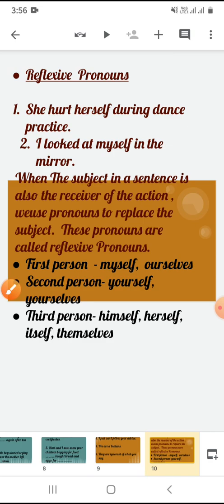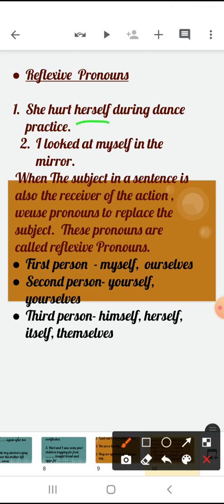Now we have reflexive pronouns. She hurt herself during dance practice. Herself. I looked at myself in the mirror.